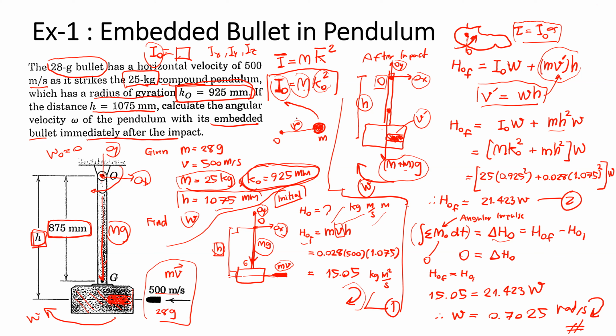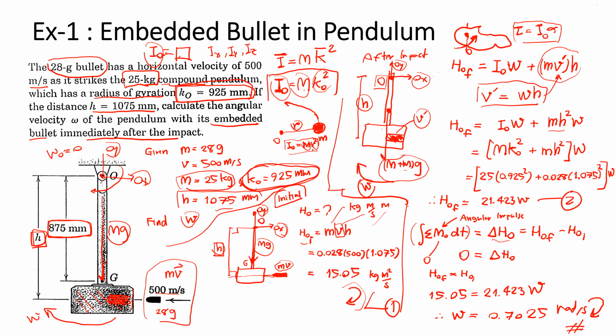With this, if you have only one mass m and it travels about the fixed point O, the moment of inertia about point O is equal to m r squared, which means we know only the mass and the radius, the distance between the fixed point and the mass, and we can obtain the moment of inertia about point O.